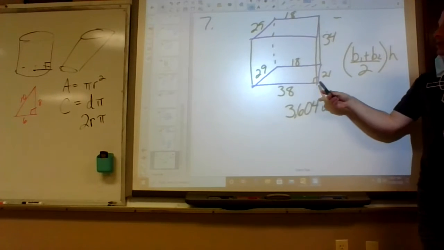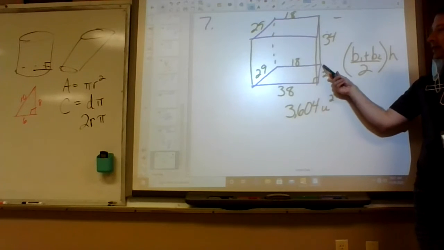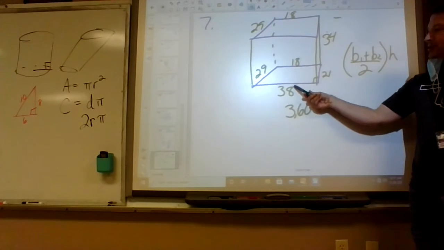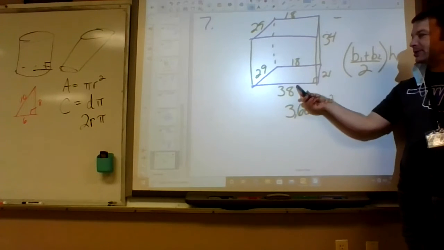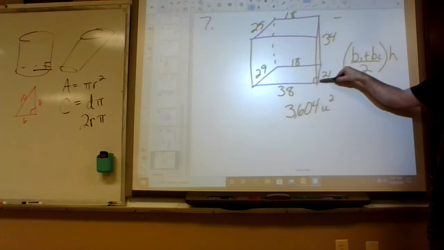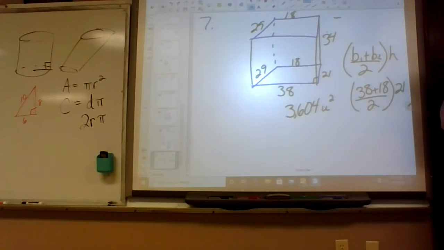Because I know this is a right angle right here, I can use 21 for the height of the trapezoid. The parallel sides are the bases, 38 and 18. So we do 38 plus 18 divided by 2 times 21. That will give us the area of a trapezoid base.